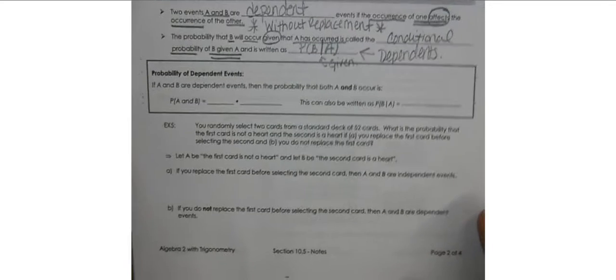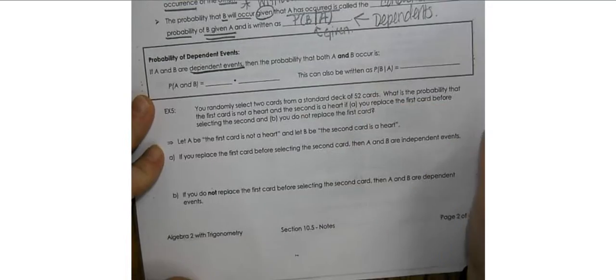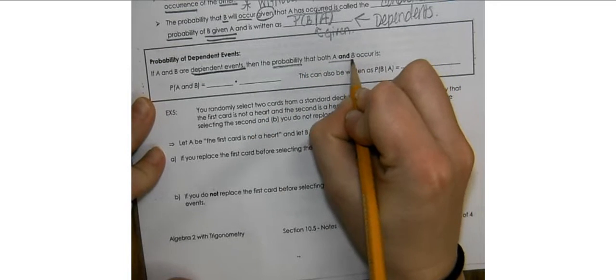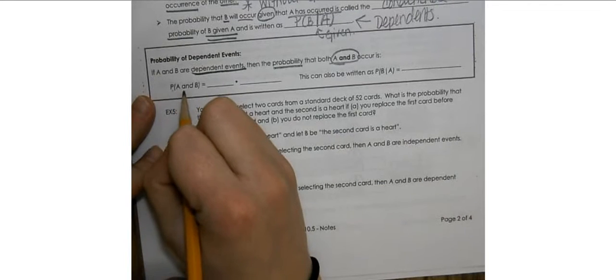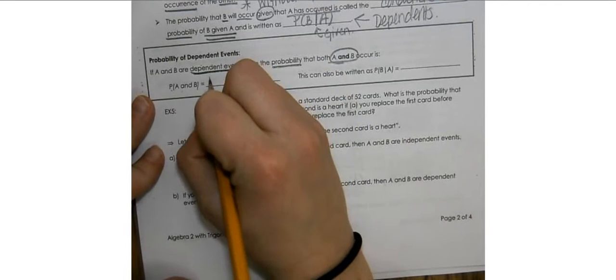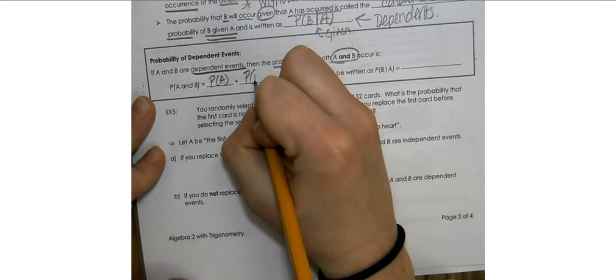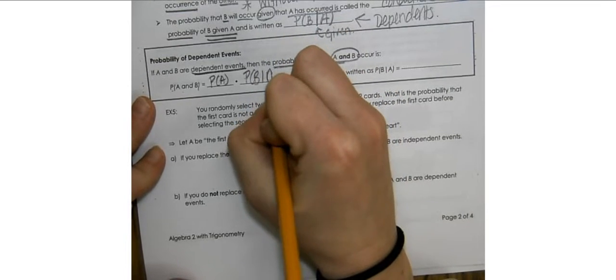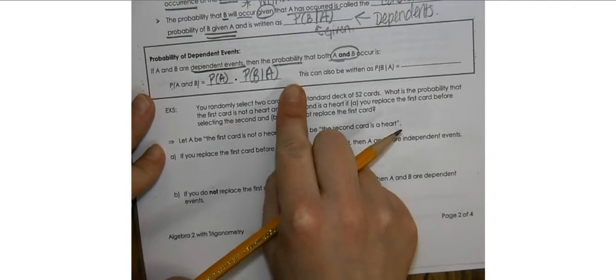Now, if A and B are dependent events, then the probability that both A and B occur is the following. The probability of A and B is equal to the probability of A times the probability of B given that A has already occurred. So you would just be multiplying your two fractions together.